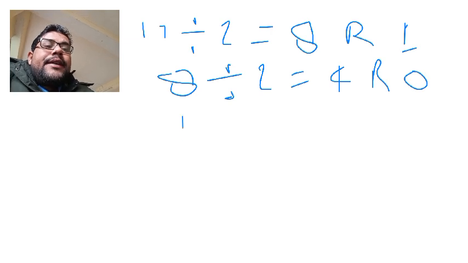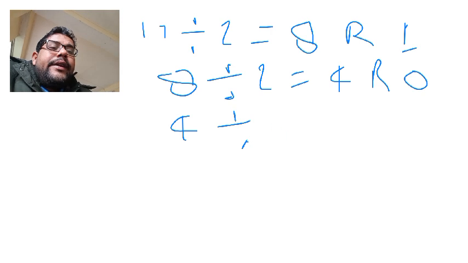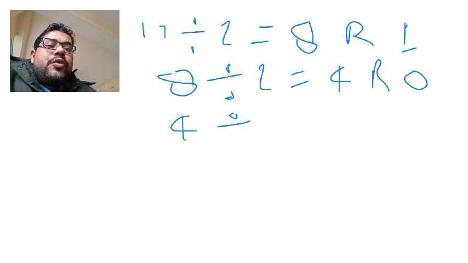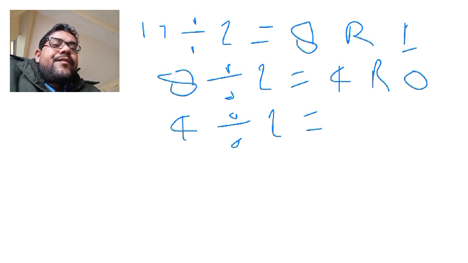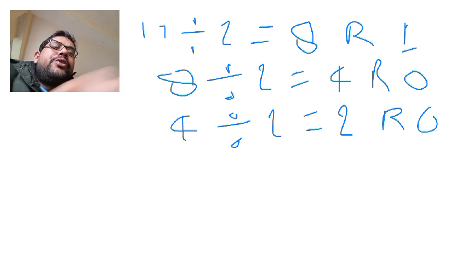Then this 4 will be divided by 2, it goes 2 times and the remainder is again 0.